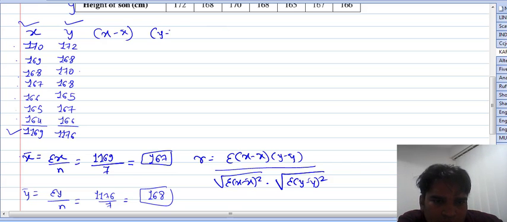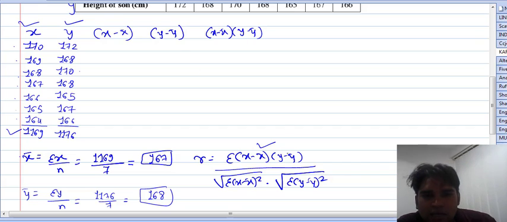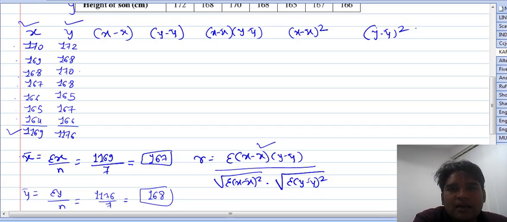We have to prepare another column y minus y bar, and you can see in the numerator we will require the multiplication of these two, x minus x bar and y minus y bar. In the denominator you can see we will require x minus x bar whole square and y minus y bar whole square. You can see I have prepared all the columns, right?